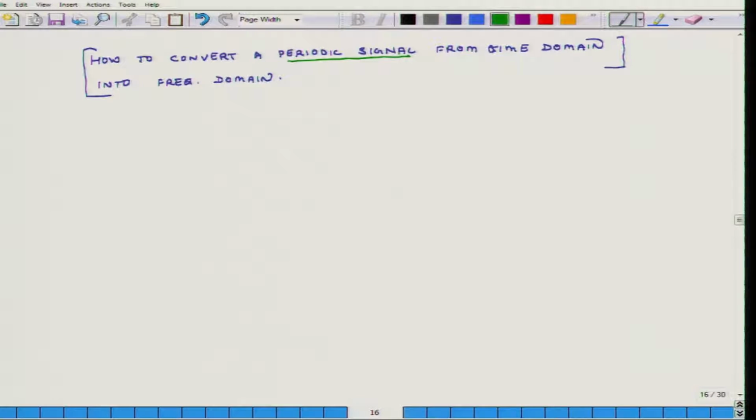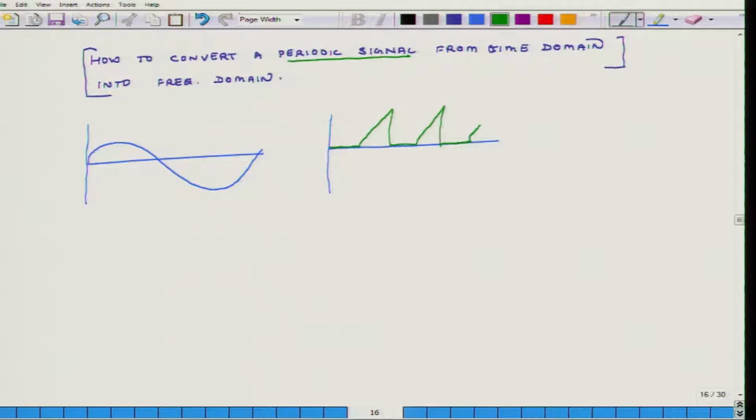Please note that I have used the term periodic signal. That means that the signal has a specific period, but it may not be harmonic in nature. So, what does that mean? I will draw a couple of periodic signals. This is one periodic signal. Another periodic signal is this, and so on and so forth.